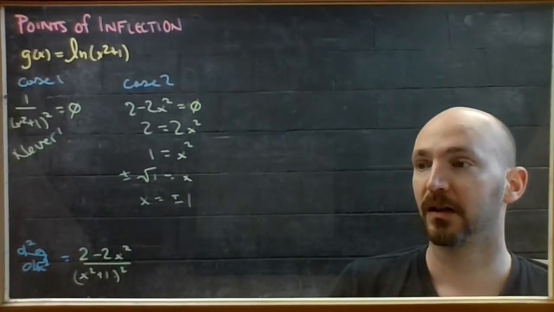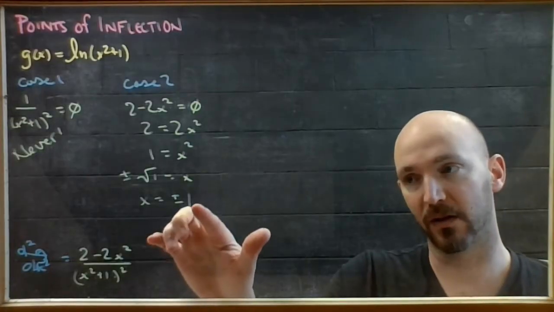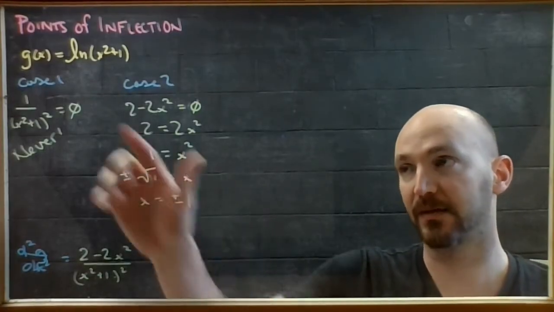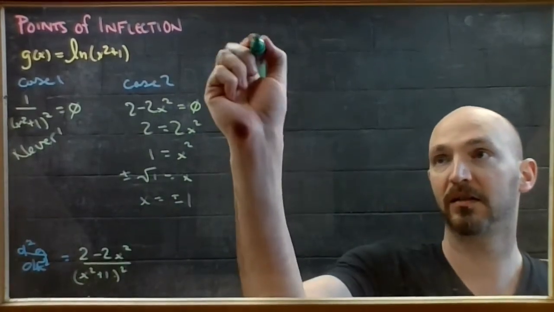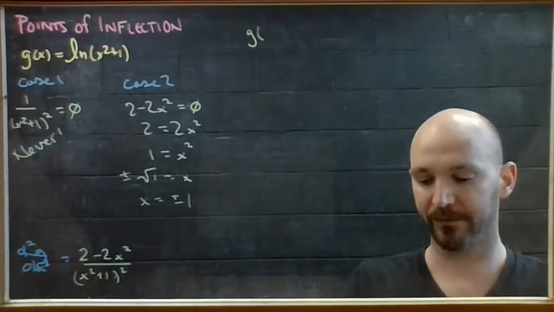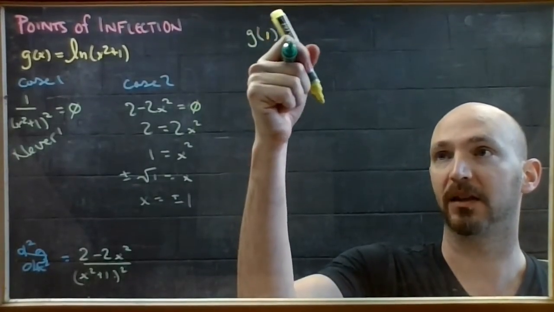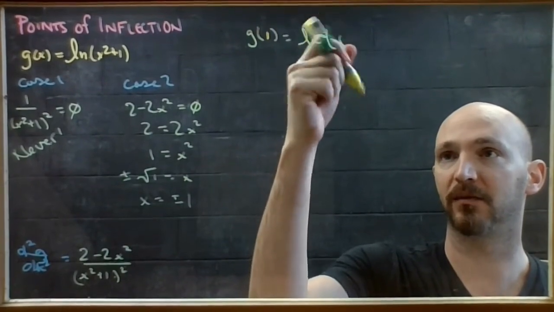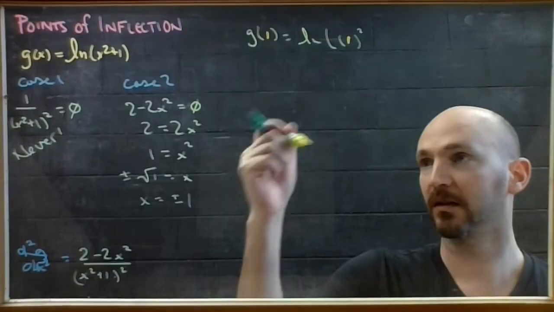All right. So I have the x locations. I just need to get the y's. And the y's, I get them by putting the x value into the original function. So g at 1 will be the ln of 1 squared plus 1.